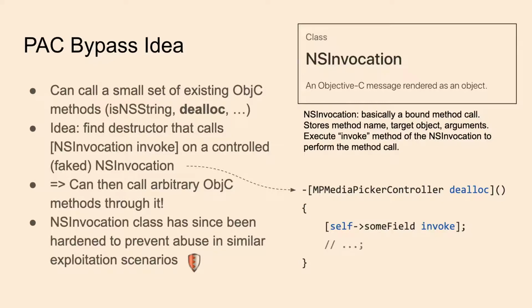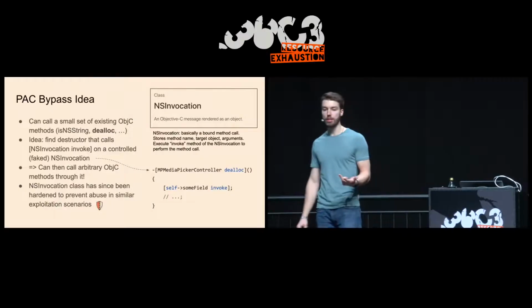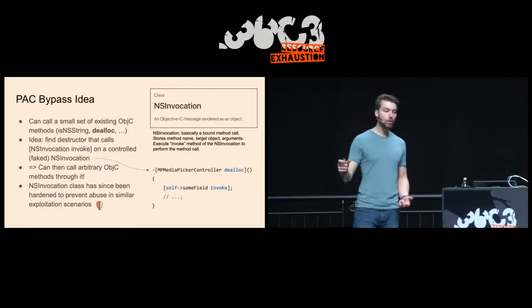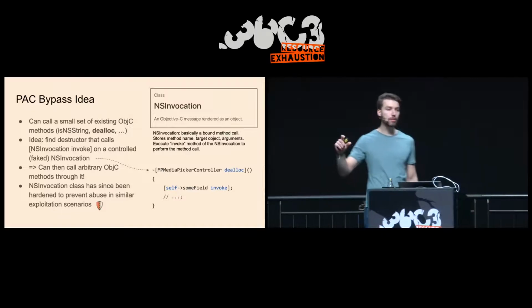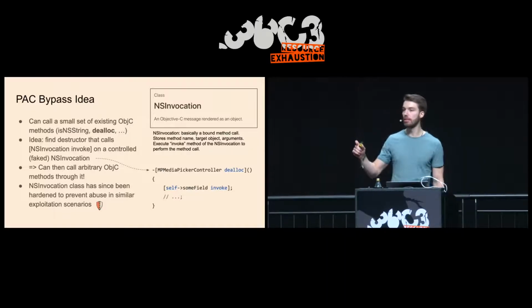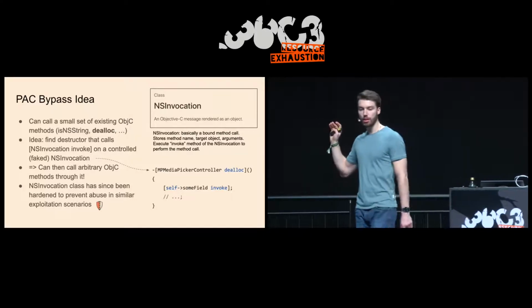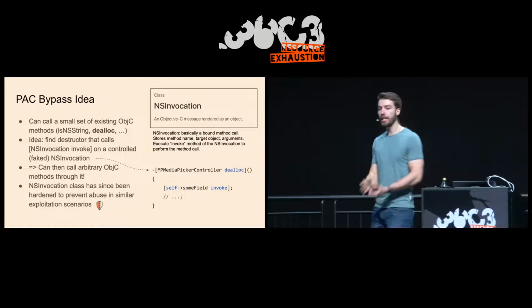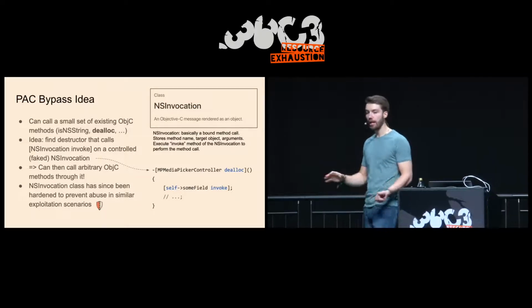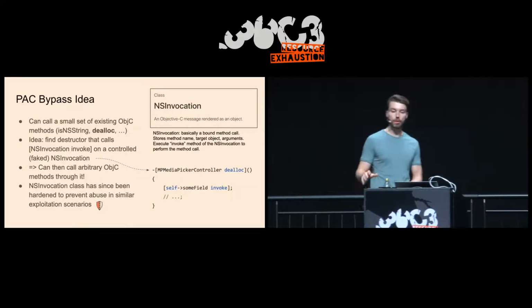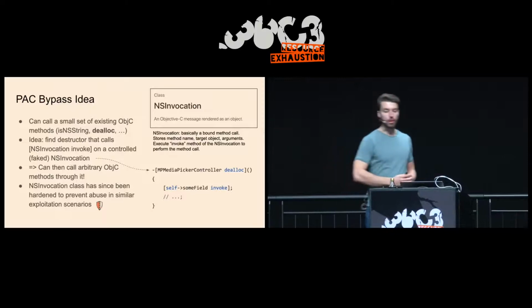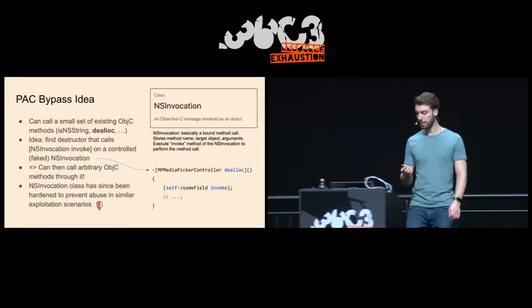And an NSInvocation is basically a bound function. So it has a target object, the method to be called, and all the arguments. And as soon as you call invoke on this NSInvocation, it does this method call with fully controlled arguments, right? So what that means is, with this destructor, we can now make a fake object with a fake NSInvocation that has any method call we would like to perform, and then it's going to do that because it's running this invoke here.